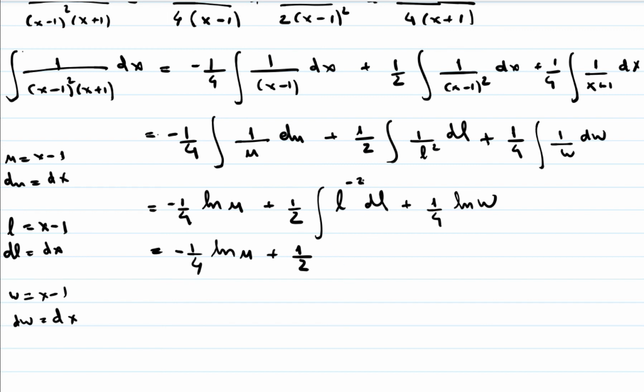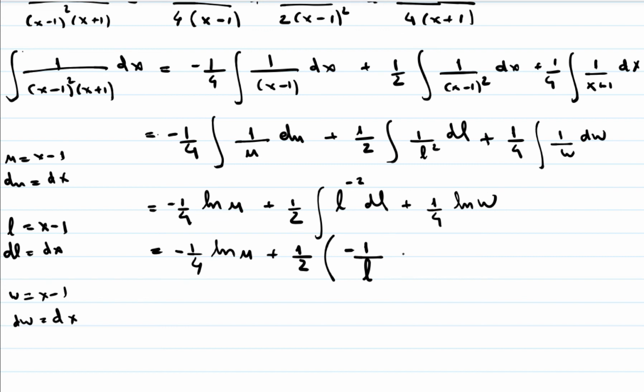For this, you add 1 to the power and it becomes minus 1, so then you also divide by minus 1. So at the end of this, what you're going to have here is L raised to minus 1 divided by minus 1. So this can also be equal to minus 1 divided by L. Minus 1 comes down, becomes just positive. So that's what you're going to get from this point here.